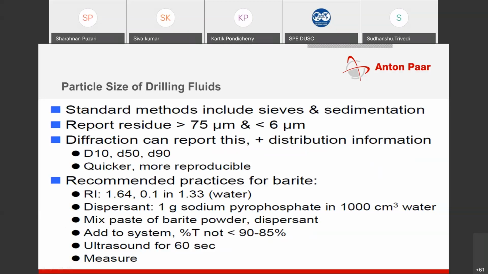D10 means 10% of the particles are below this size, D50 means 50% of the particles are below this size, and D90 means 90% of the particles are below this size. This technique is very quick and reproducible. So sieve and sedimentation were the techniques, and now they are being replaced by the laser diffraction principle.